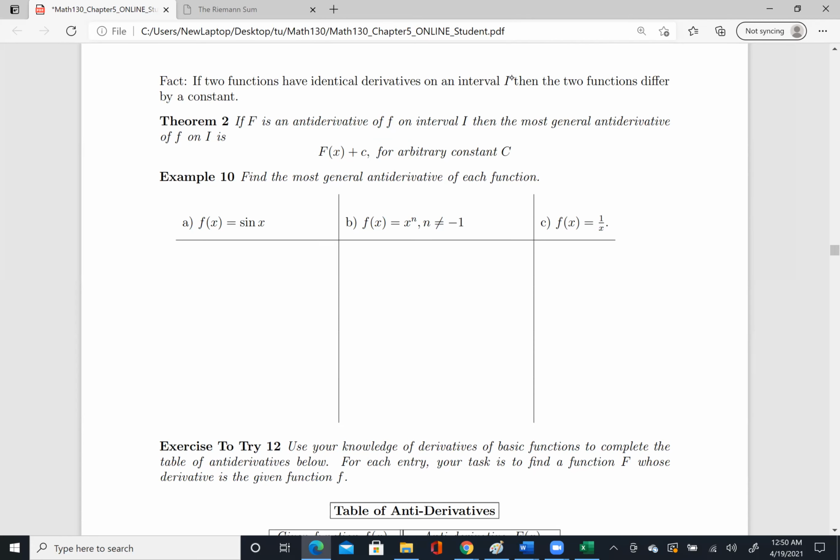So we have Theorem 2: if F is an antiderivative of f on interval I, then the most general antiderivative of f on I is F(x) plus C, for an arbitrary constant C. So let's do an example to understand more of that. Example 10: find the most general antiderivative of each function.